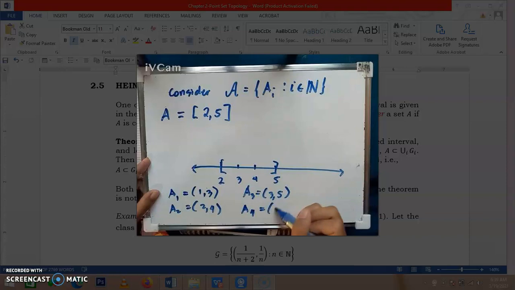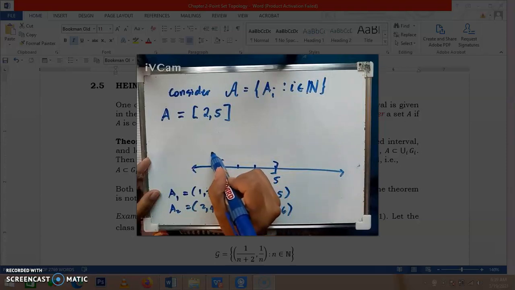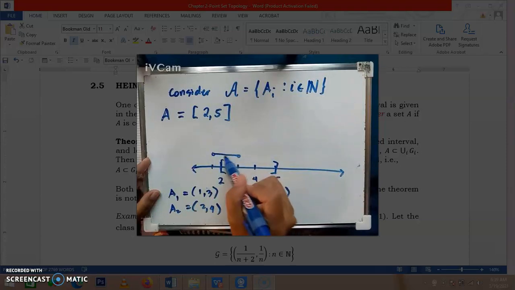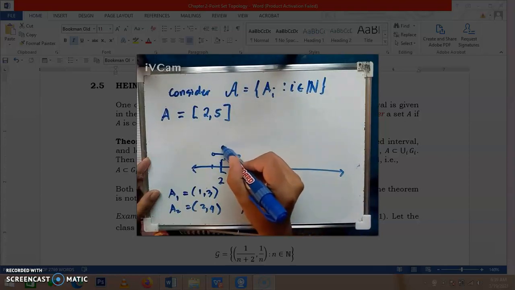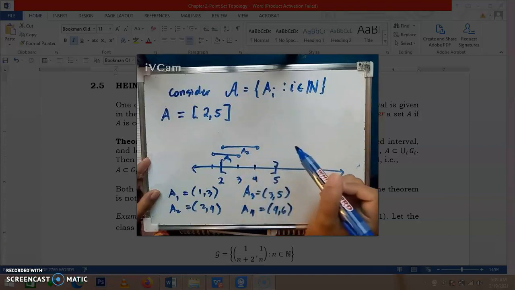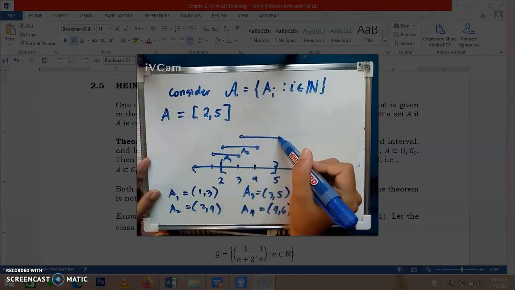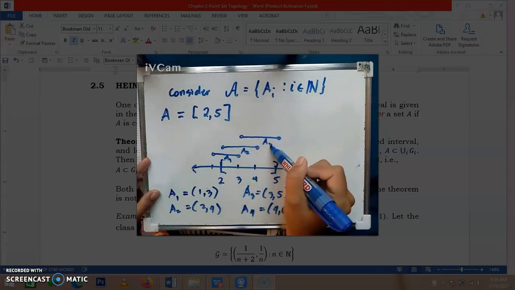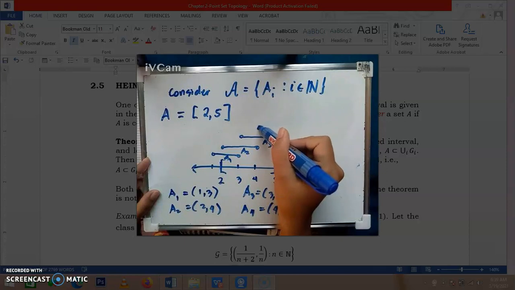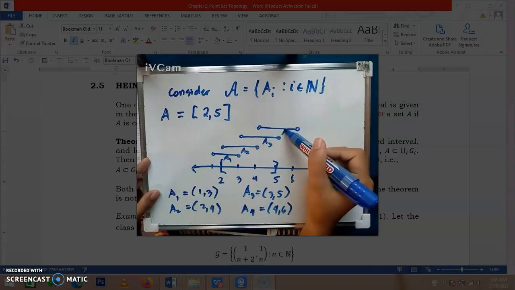A4 is say 4, 6. So let's plot here. This is our A1, open, from 1 to 3. Then A2 is 2 to 4. This is A2. Then A3 is 3 to 5. And then A4, say we have 6 here. This is our A4.